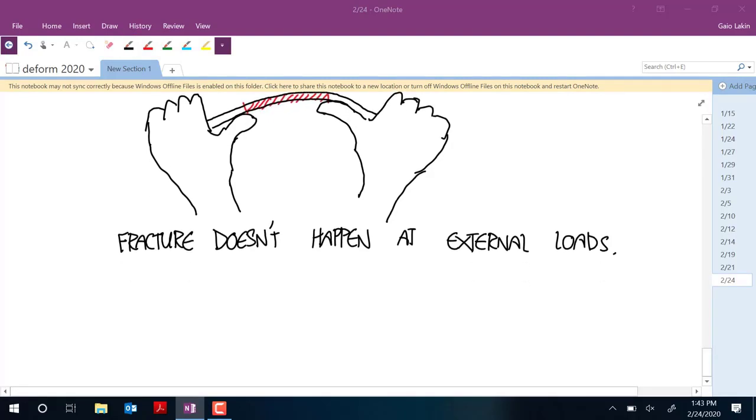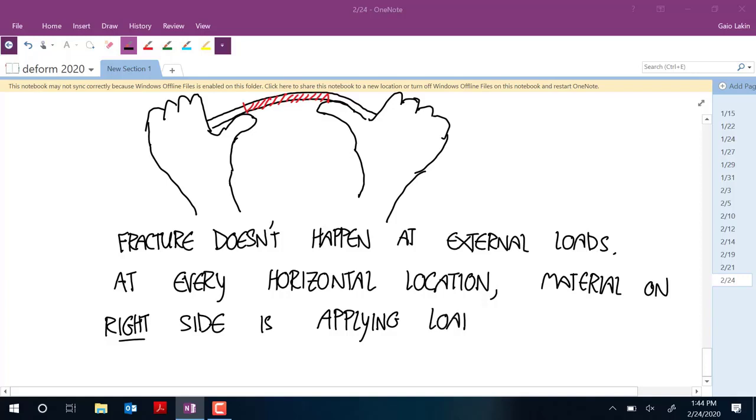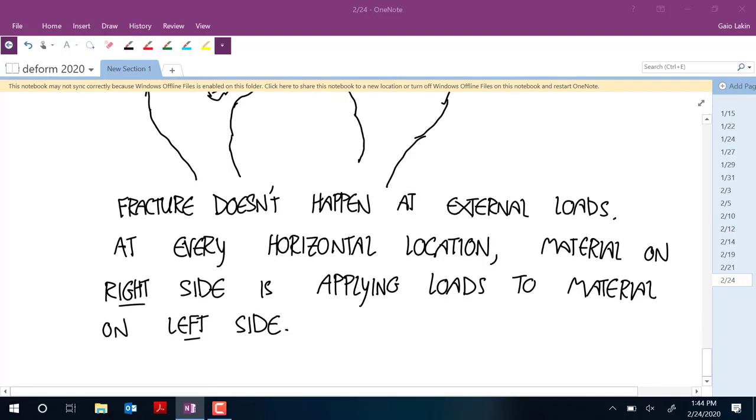And the way it works is at every horizontal location, material on the right side is applying loads to material on the left side. Vice versa means the same thing. We can look at either one of those sides.